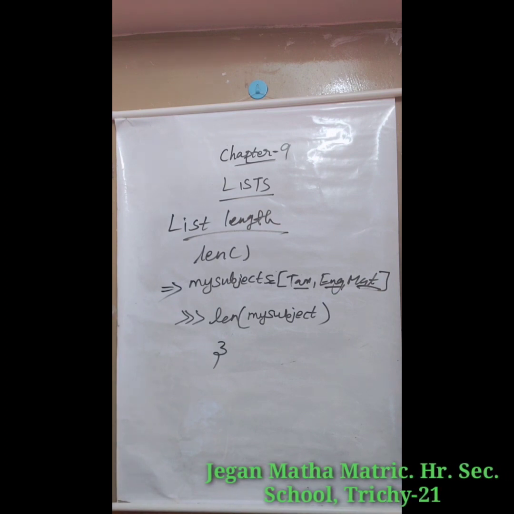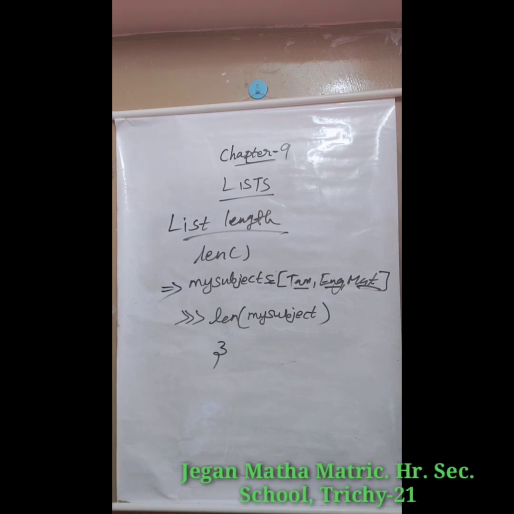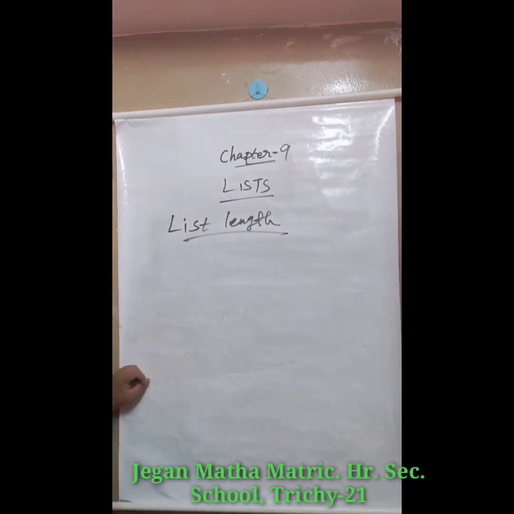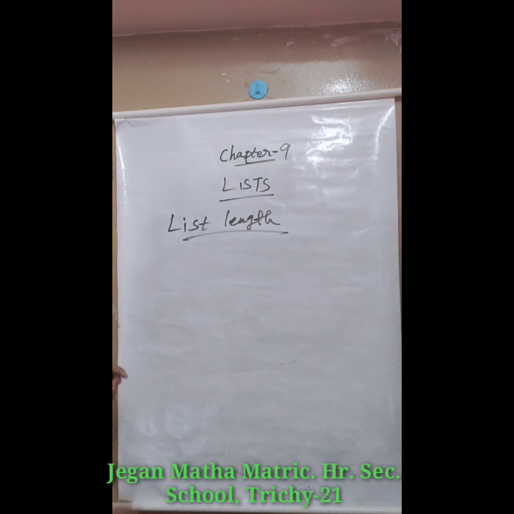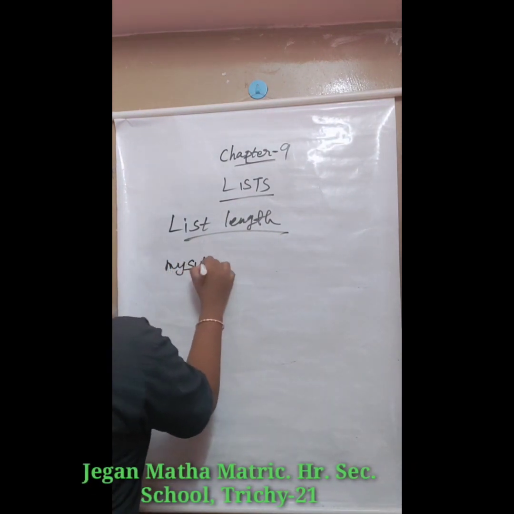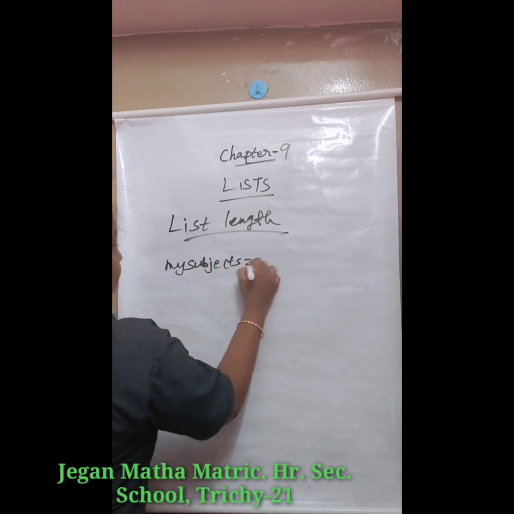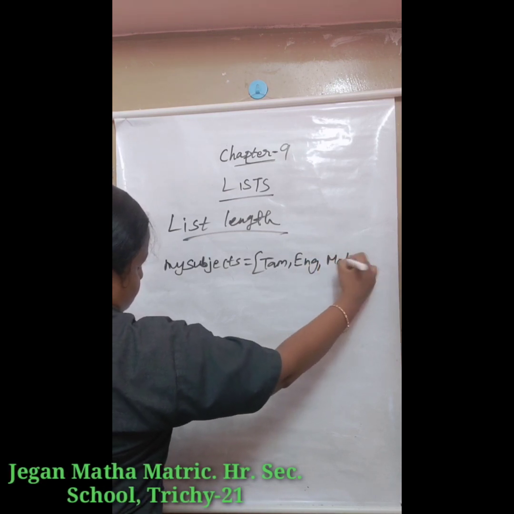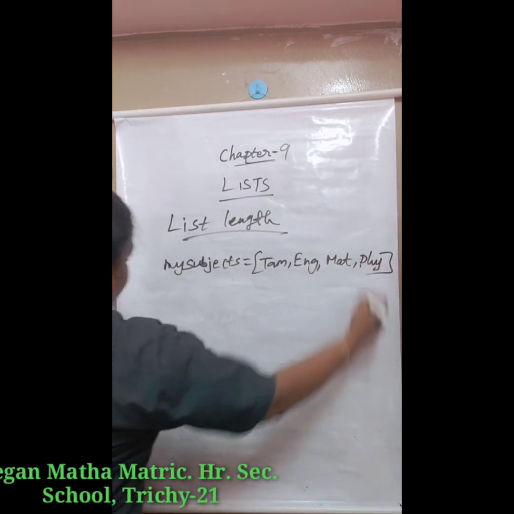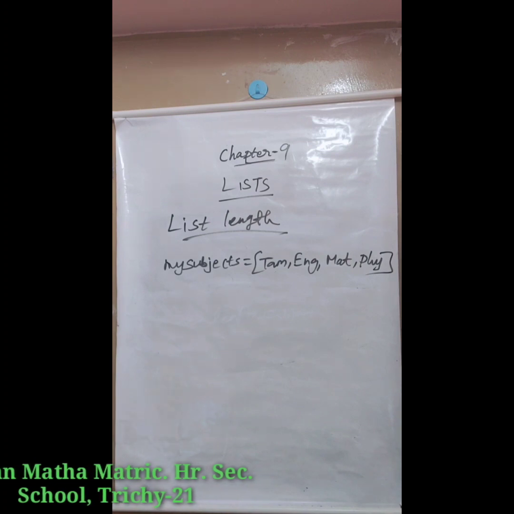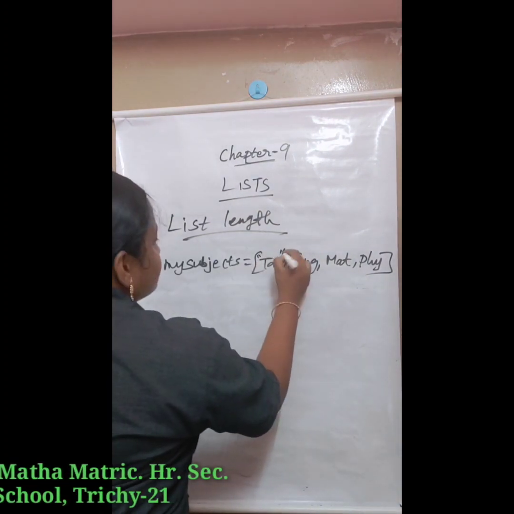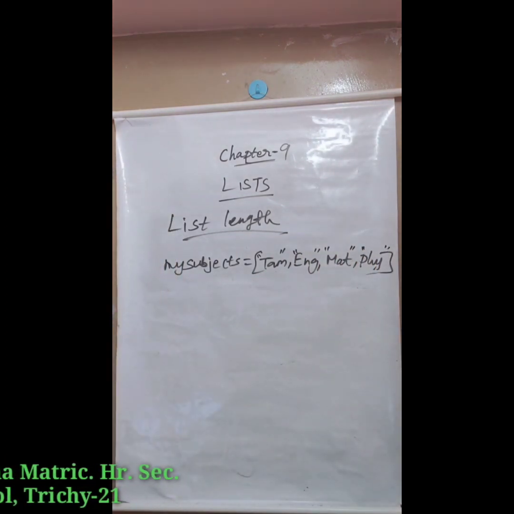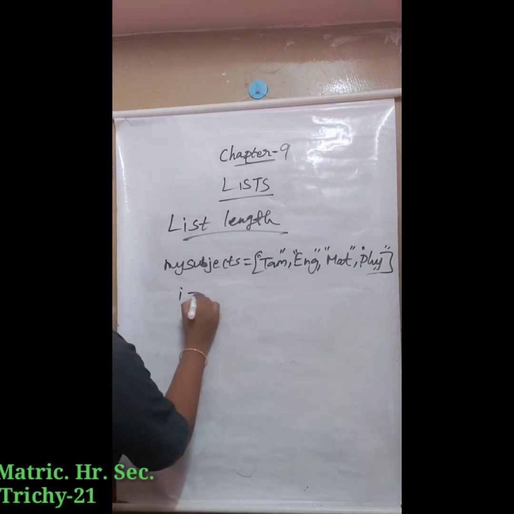This is used to display the elements in a list using a loop statement. My subjects: Tamil, English, Maths, Physics. Each value we need to give within quotes because it is a string value. i is equal to 0.